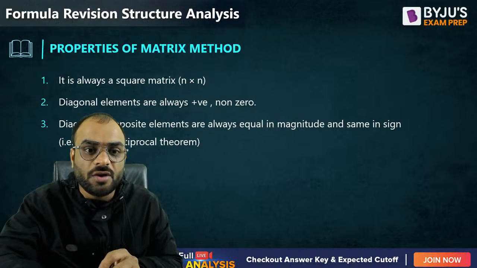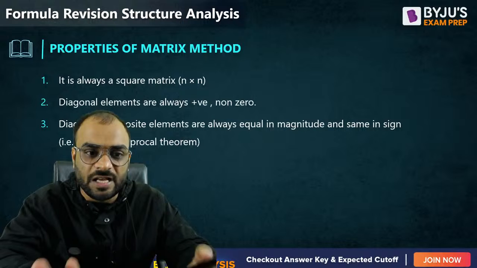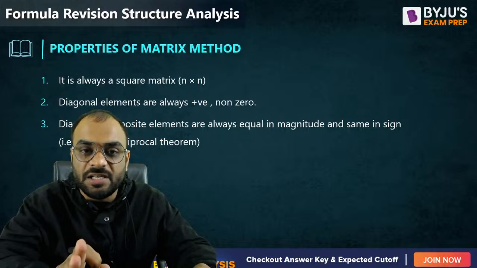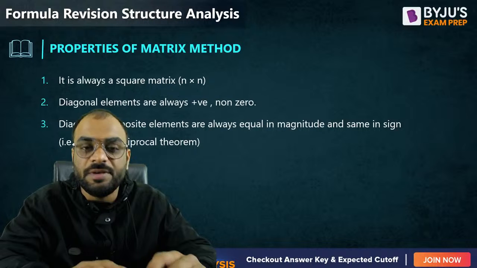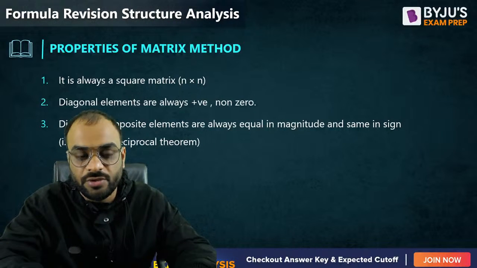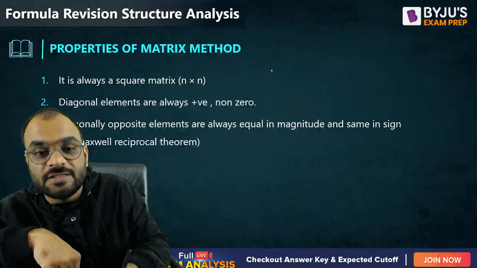Okay. Now guys, the last thing which I want to explain over here is basically the matrix method. Just remember the property: our matrix will be a square matrix, and the diagonal elements are always positive and non-zero. The diagonally opposite elements are always equal in magnitude and in sign also.